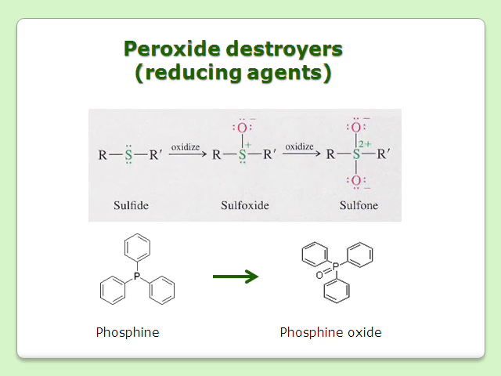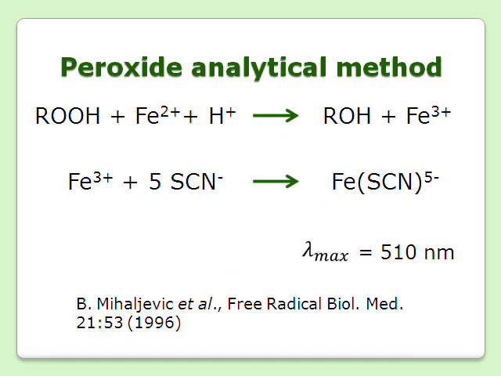So these 2 classes of antioxidants act on 2 different classes of reactive oxidized agents. We chose to look at peroxide formation in B100. And there are any number of peroxide determinations.